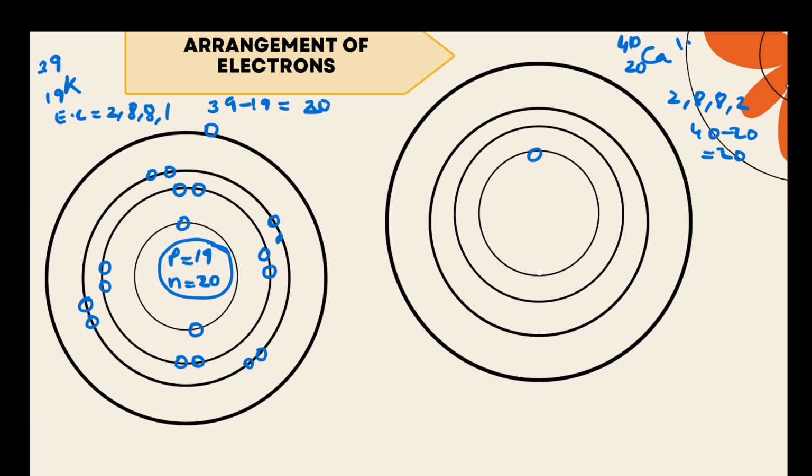First shell 2, second shell 8, third shell 8, and the last shell 2. Protons will be 20 and neutrons will be 20. That will be the nucleus. That is how you are going to draw and practice.